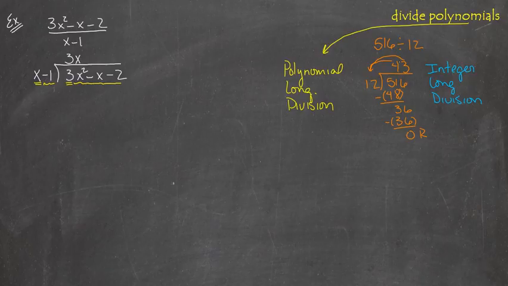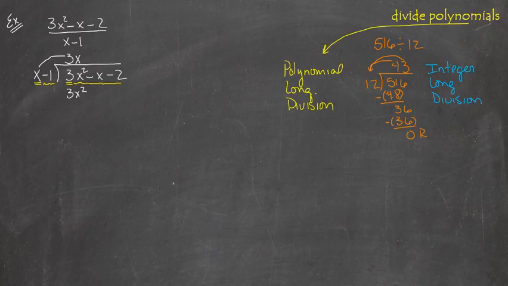And then just like I did before, we multiply that number by the divisor. So that means 3x. Now I'm multiplying a number with 1 part by a number with 2 parts, so I have to do 2 parts. I have 3x times x equals 3x squared. This always has to be exactly the same number.